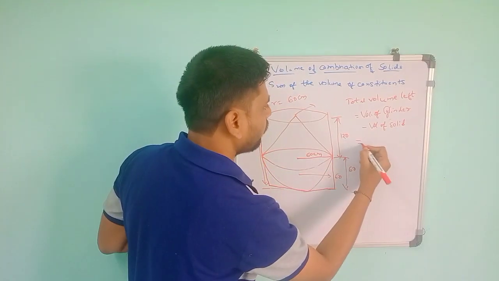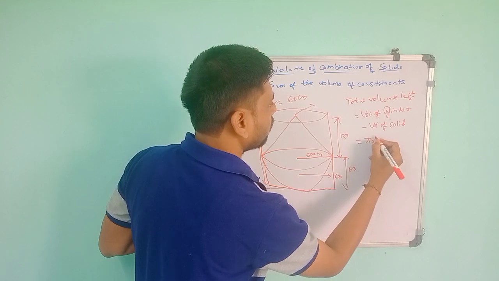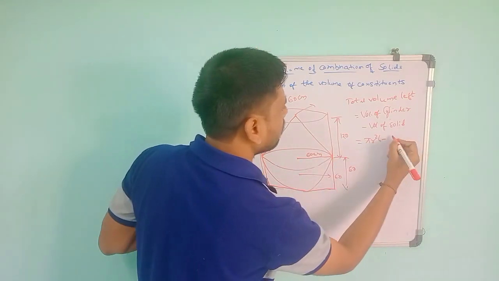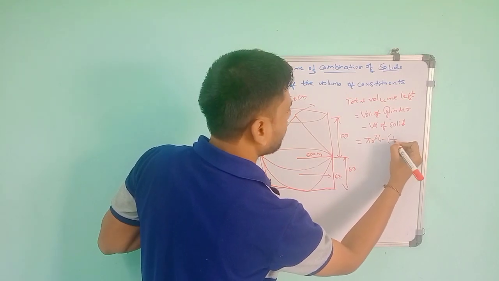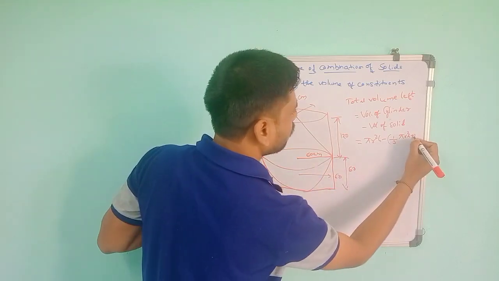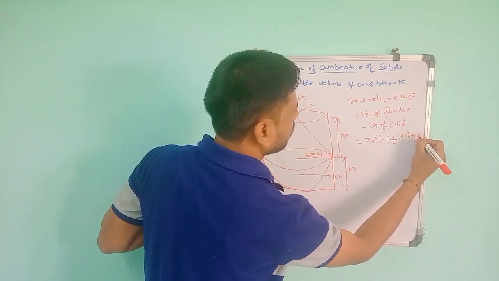So the volume of the cylinder will be pi r square h, minus the volume of the solid, meaning both: the cone is 1/3 pi r square h plus the hemisphere is 2/3 pi r cube.